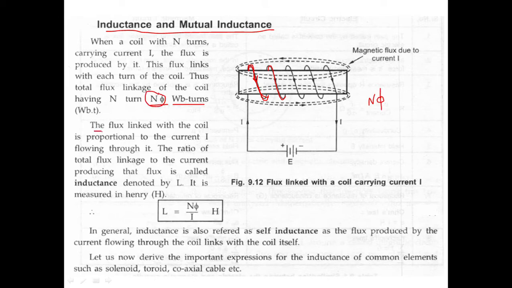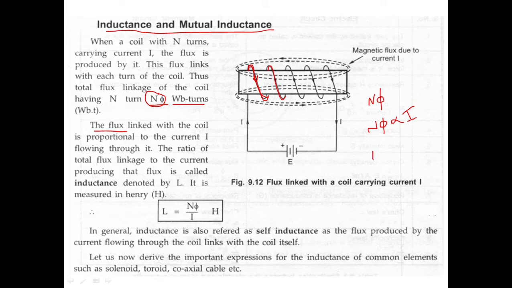Next, the flux linked with the coil is proportional to the current. So phi is proportional to I. The more current you pass through the coil, the more flux is produced, right? The ratio of the total flux linkage to the current producing that flux is called inductance.